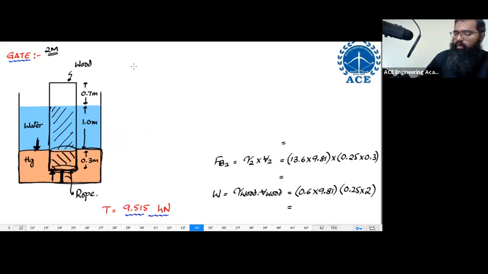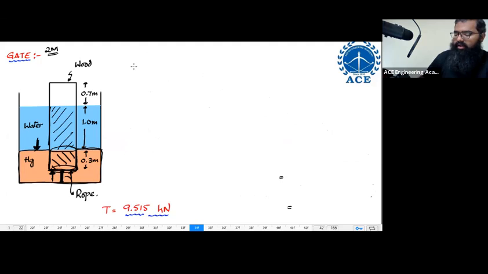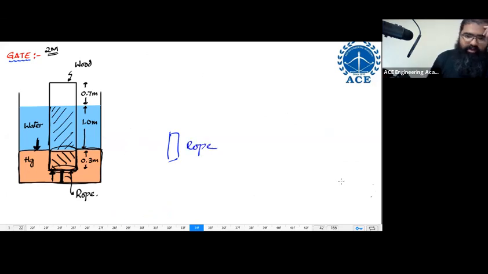Remember, ropes, belts, and all, they can only experience tension. They can't experience compression. Imagine that this is a rope you are having. Straight away, think that this rope should experience tension. Tension is always tightening the rope.